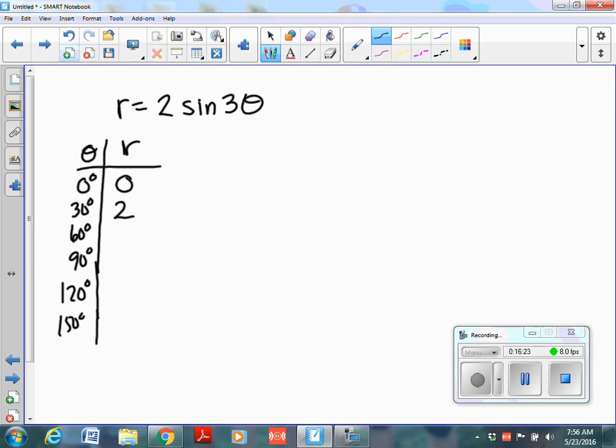So, instead of doing it the long way, like we did back in the olden days, I want you to take your calculators out, and I need you to go to your mode and change it to POL, which stands for polar. Hit enter.